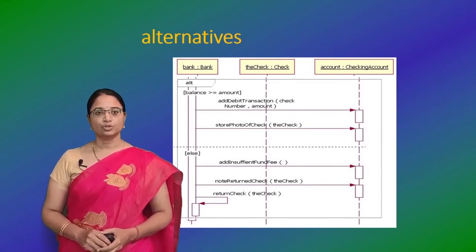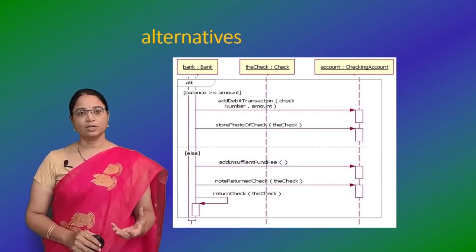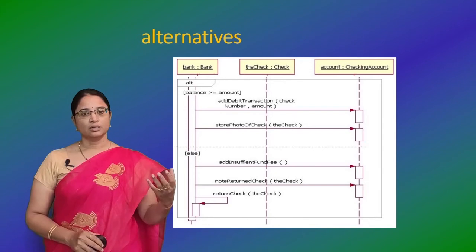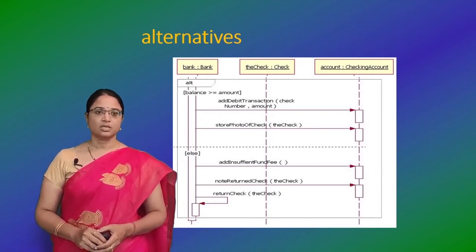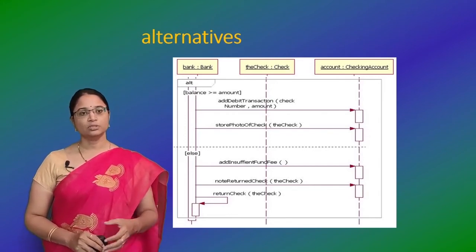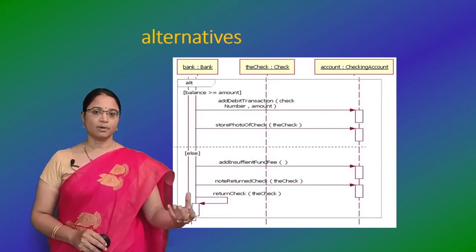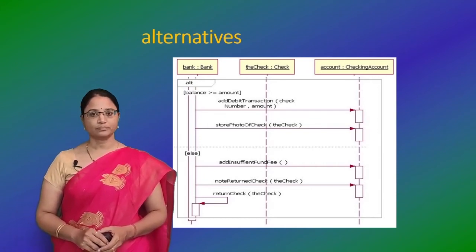If the amount is less than the balance in the account, then he can process. If the balance is less than the amount, then we need to return the check. That's what we mentioned here by using this alternative.